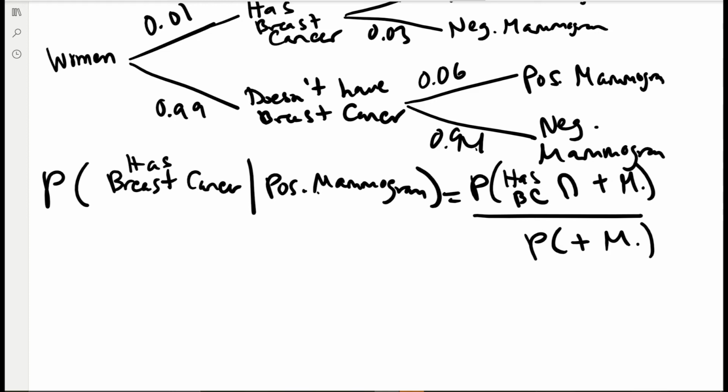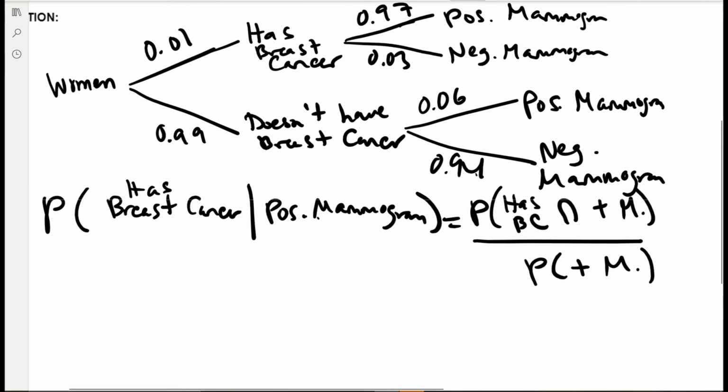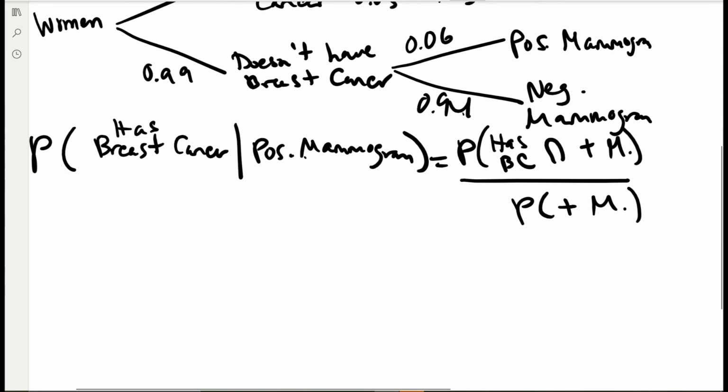So what's the probability of getting breast cancer and having a positive mammogram? Well, in order to do that, we can use a tree diagram. So having breast cancer, the chance of that is 0.01, right, for having breast cancer. So we're going to be multiplying these together.